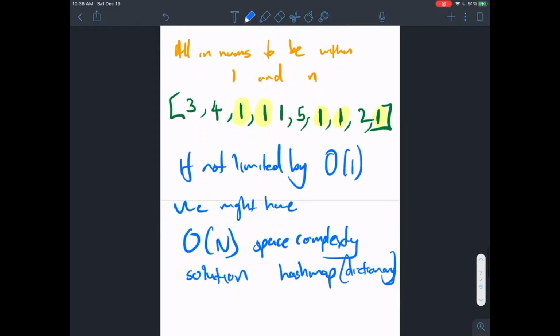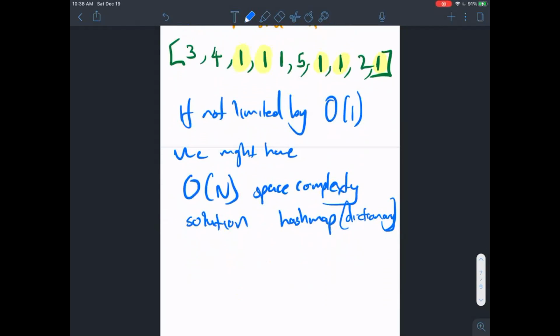By using a hash map, what you'll basically be doing is keeping track of these digits as keys, along with some count. You want it to just map a positive number to its presence.